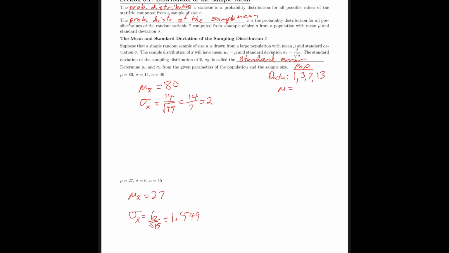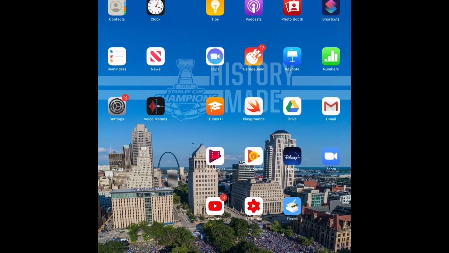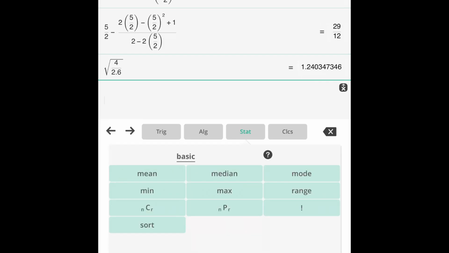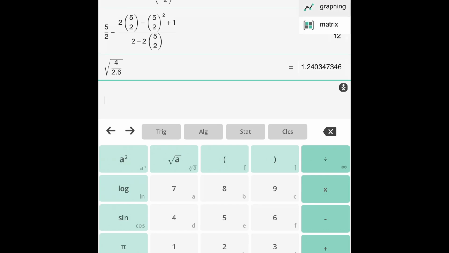So let's call this my population. Our population mean is just going to be adding these all together and dividing by 4. So 1 plus 3 plus 7 plus 13 is 24, divided by 4 is 6. And then we can do our standard deviation, which I'm going to use the calculator for.